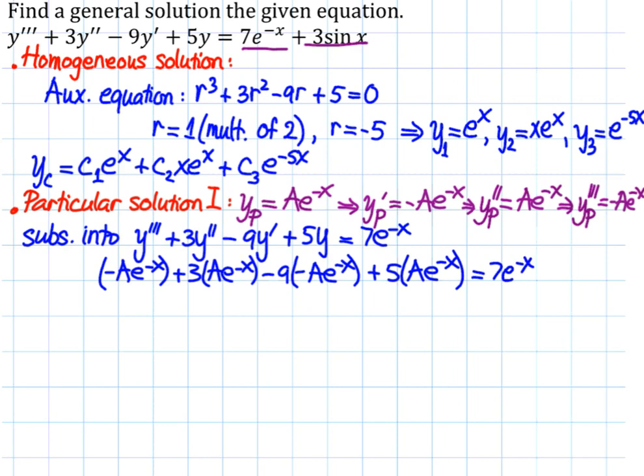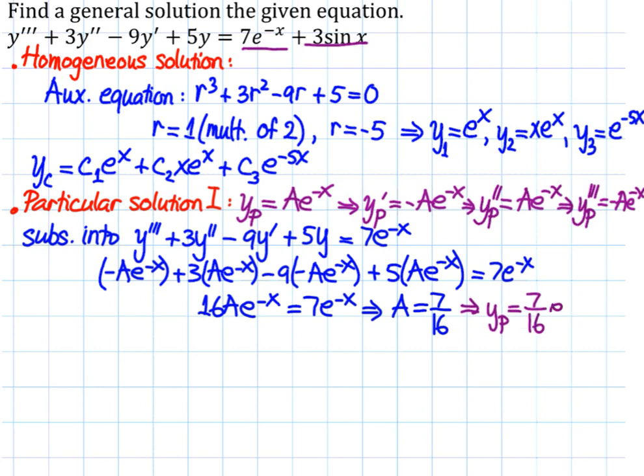On the left hand side we have 3 plus 9 plus 5, that's 17, minus 1, so 16a e to the negative x equals 7 e to the negative x. So we can see that a is 7 over 16. Because of that, the particular solution is 7 over 16 e to the negative x, and that is the first particular solution.